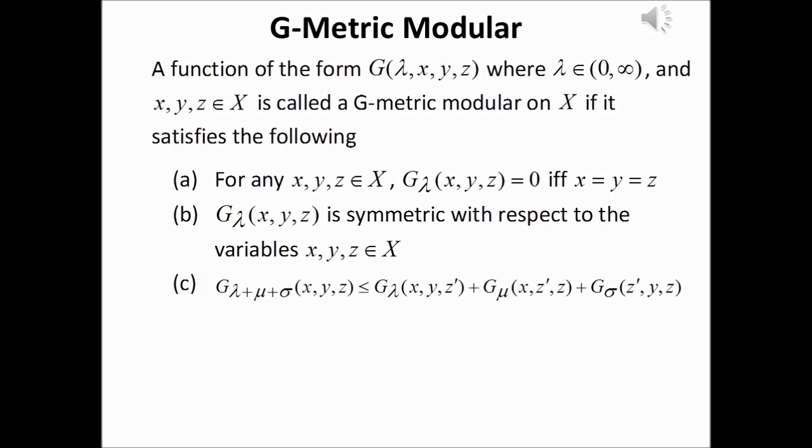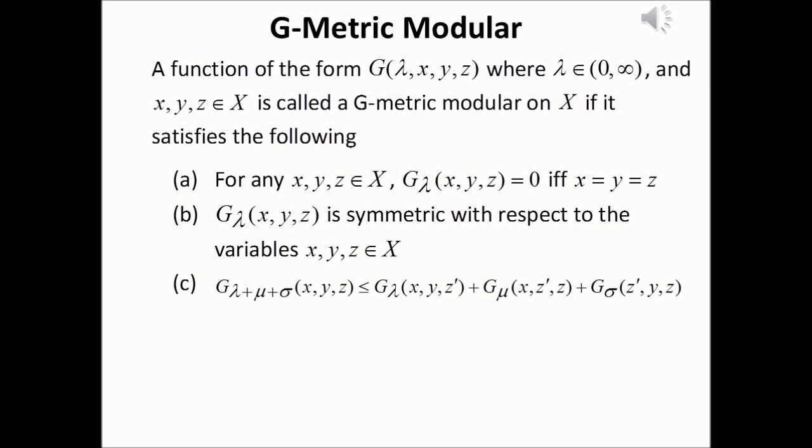B: the G-modular is symmetric with respect to the variables x, y, and z. That is, G of x, y, z sub lambda is equal to G of x, z, y sub lambda, and so on, for all lambda greater than 0 and x, y, and z in X. And then third, the G-modular satisfies the so-called triangle inequality.